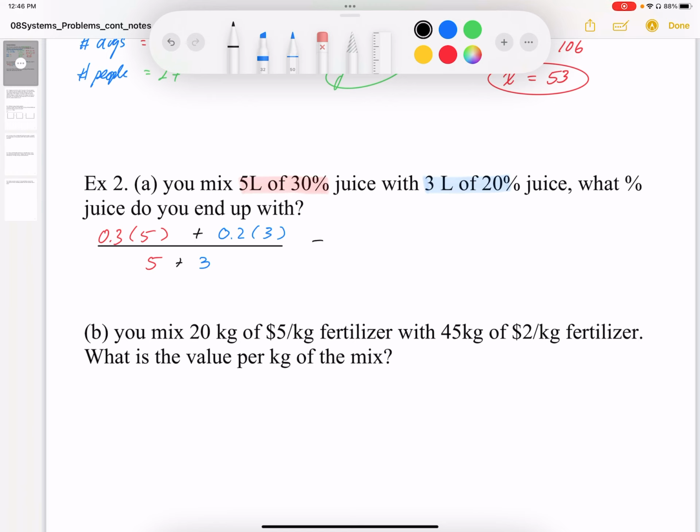When we do this calculation, we end up with 1.5 plus 0.6 divided by the total volume of 8.